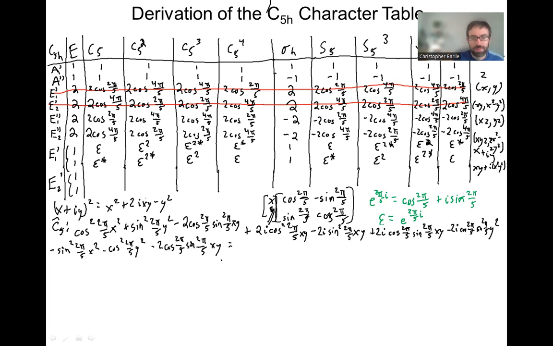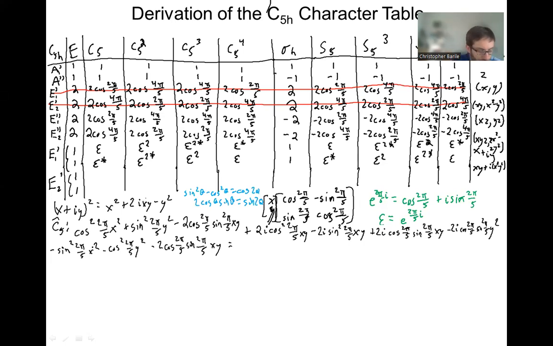And now we get to simplify. What we're going to be using extensively here is a couple of relationships: sine squared theta minus cosine squared theta equals cosine 2 theta, and 2 cosine theta sine theta equals sine 2 theta. We're going to use those trigonometric identities, as they're called, to help us.